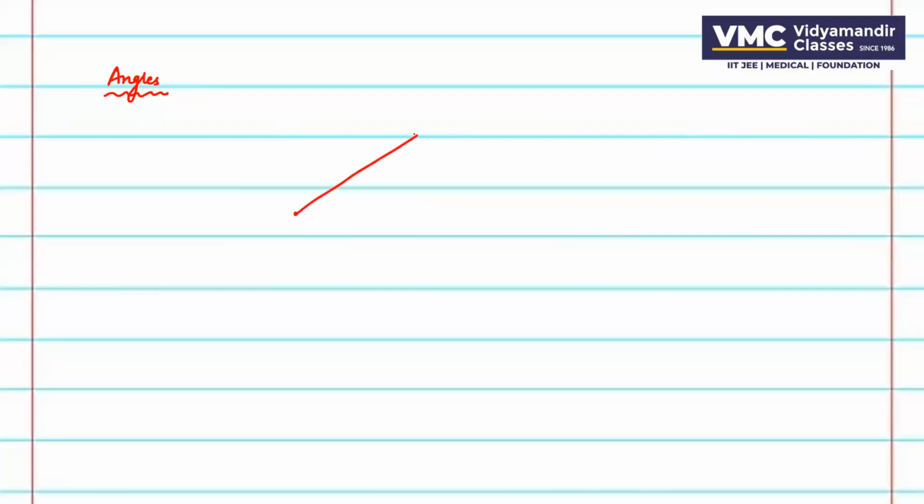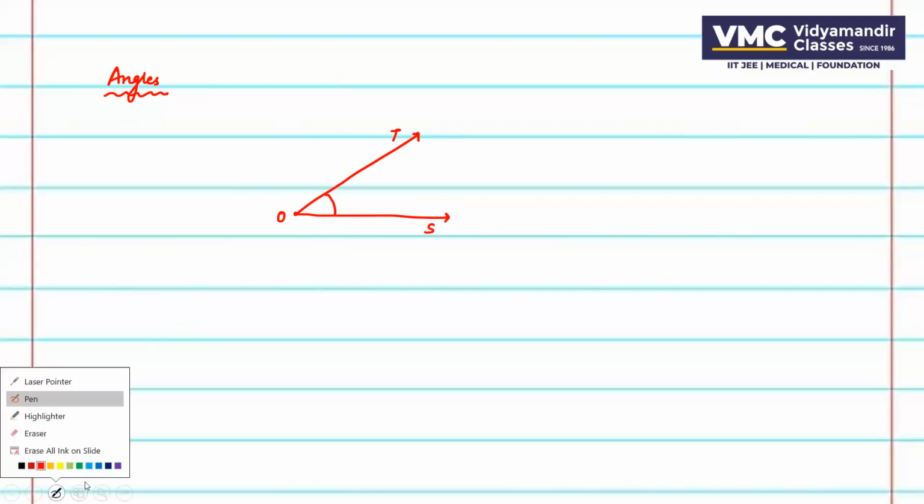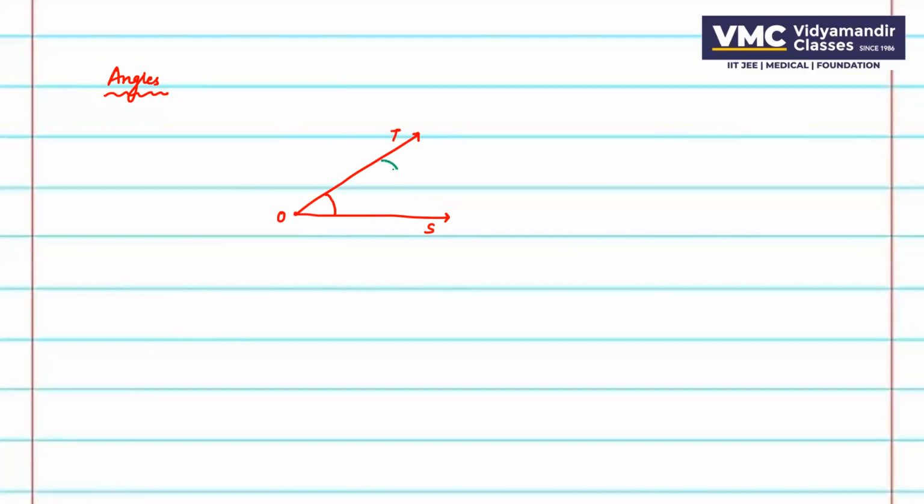Suppose I take this ray as OT, and another ray is also originating from this point, which I name OS. So the angle is formed at the vertex O. Here, OT and OS are the arms of the angle, and O is the vertex of the angle. The angle is formed at O.